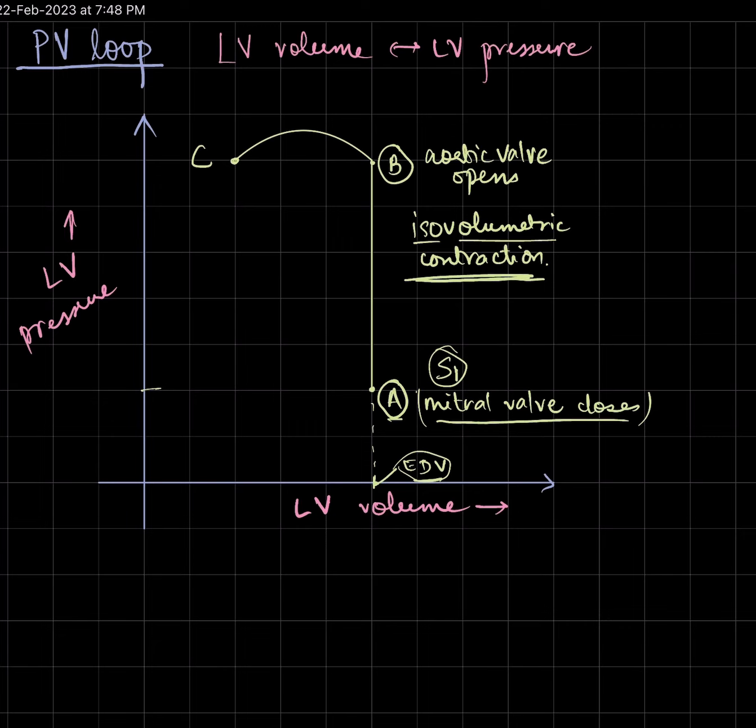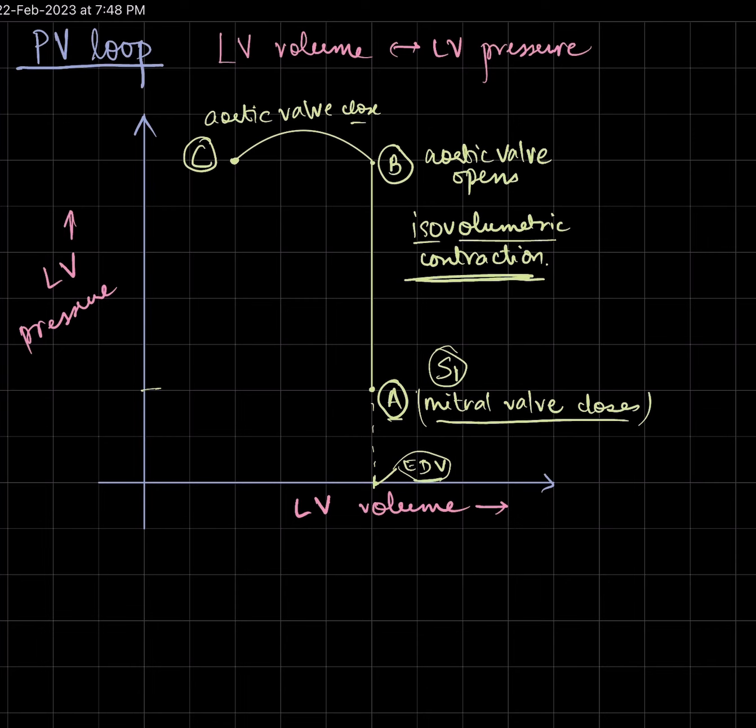At point C, the aortic valve is going to close. Now all of the blood has gotten out of the left ventricle, so the aortic valve has to close. So at this point, the aortic valve closes.